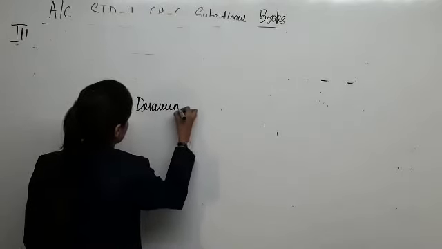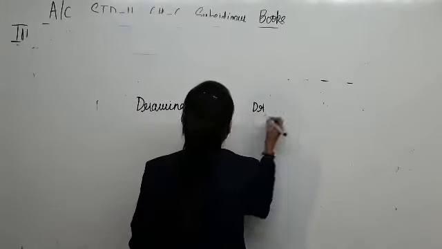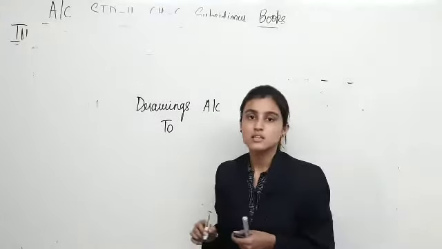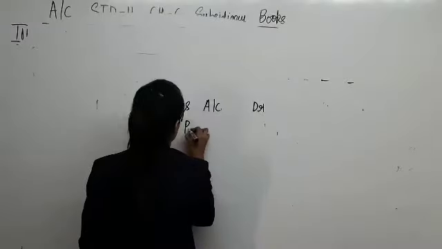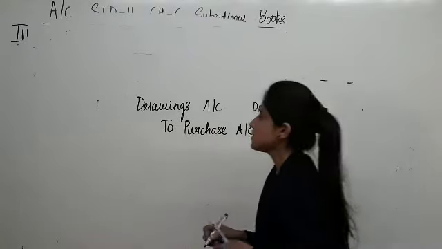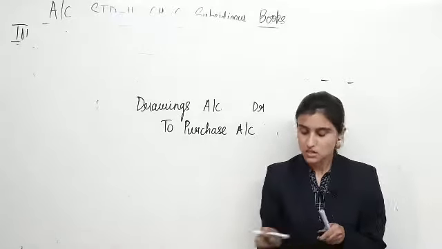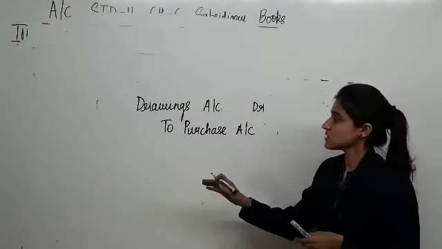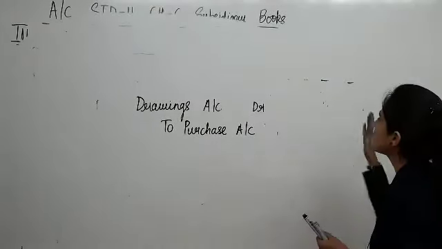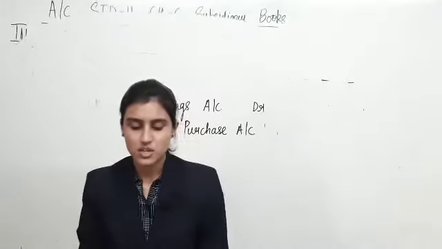Drawings account debit. Goods have been withdrawn, so goods are going out other than sales. During that time, purchase account is credited. If you are not selling goods, and goods are going out of the business other than sales, during that time purchase account is credited. So this is the journal entry, and the amount for this you will write in the columns of debit and credit.